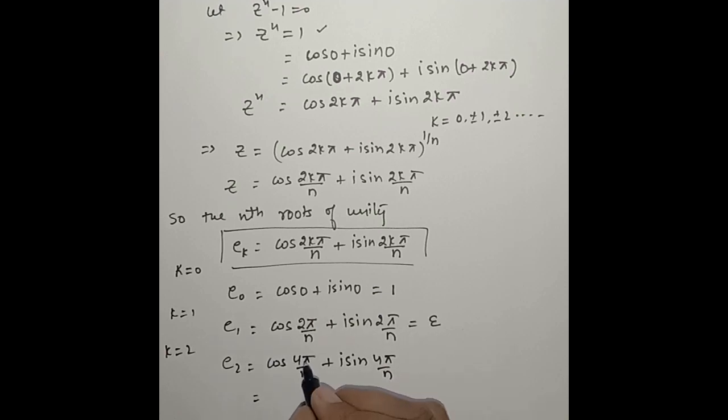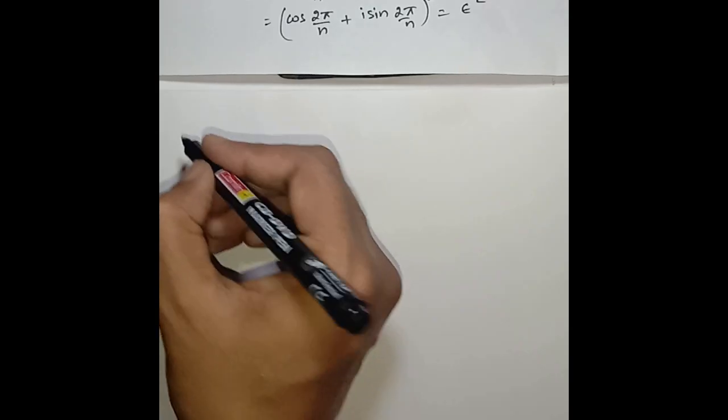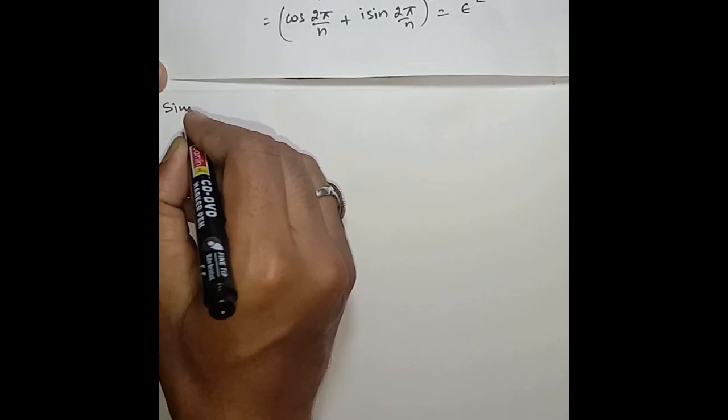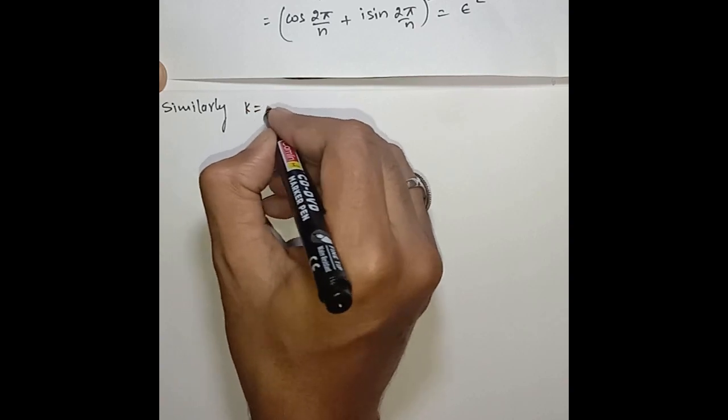With the help of de Moivre's theorem, we can write (cos 2 pi by n plus i sin 2 pi by n) to the whole power 2. This is nothing but epsilon square. Similarly, we can check for k is equal to 3.